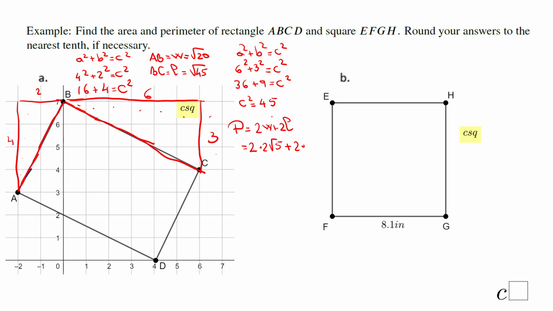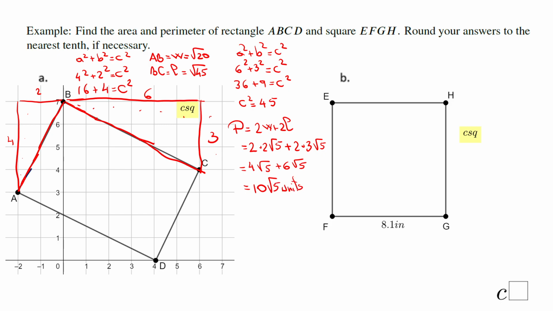That is 9 times 5, so that would be 3 square root of 5. In fact, let me be consistent. Let's start with 2 times 2, which is 4. 4 square root of 5 plus 6 square root of 5. That will be nothing else than 10 square root of 5 units.